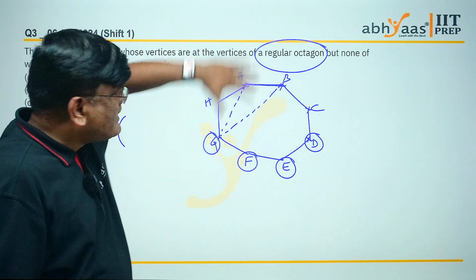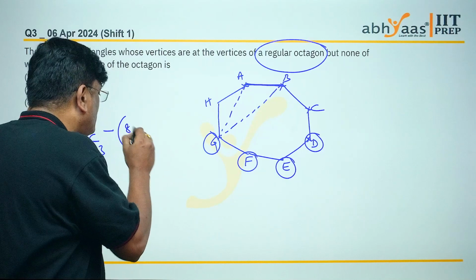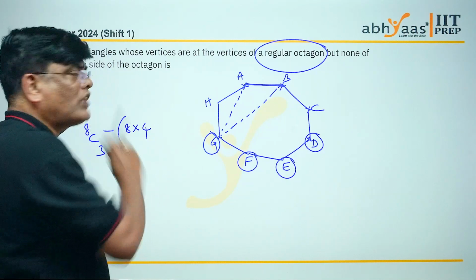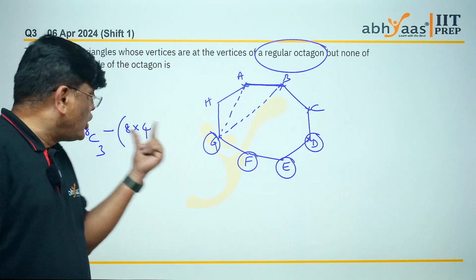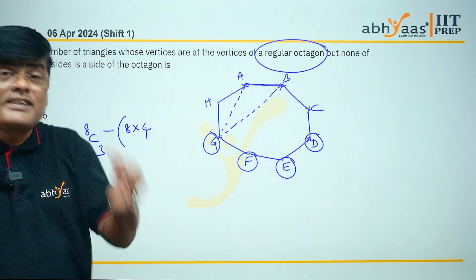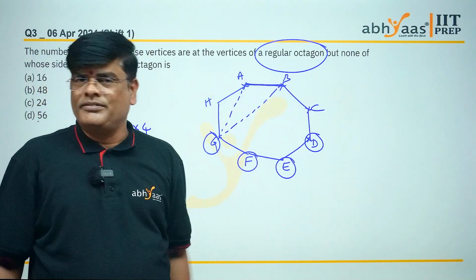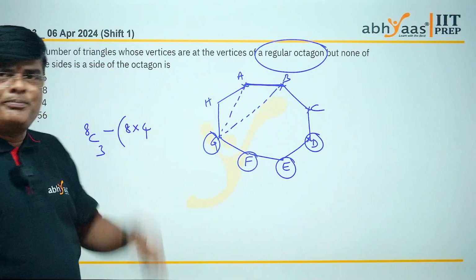Like this, how many sides are there in total? 8. That means 8 into 4, that we have to subtract from this counting. That means 32 ways are there, in which one side is common to the triangle as well as the octagon. That I am subtracting here.